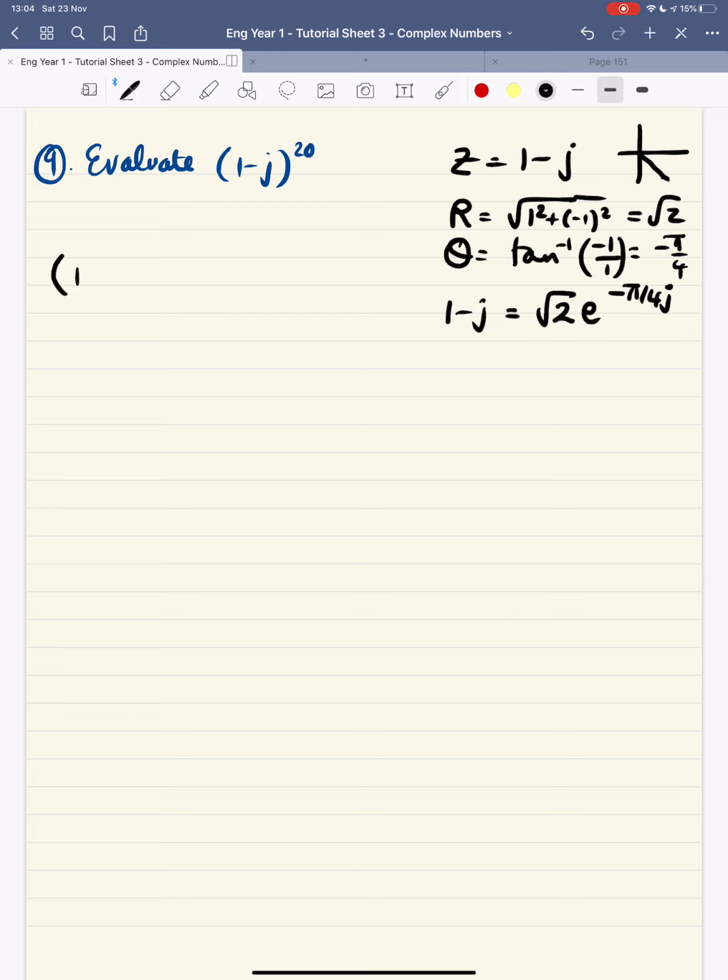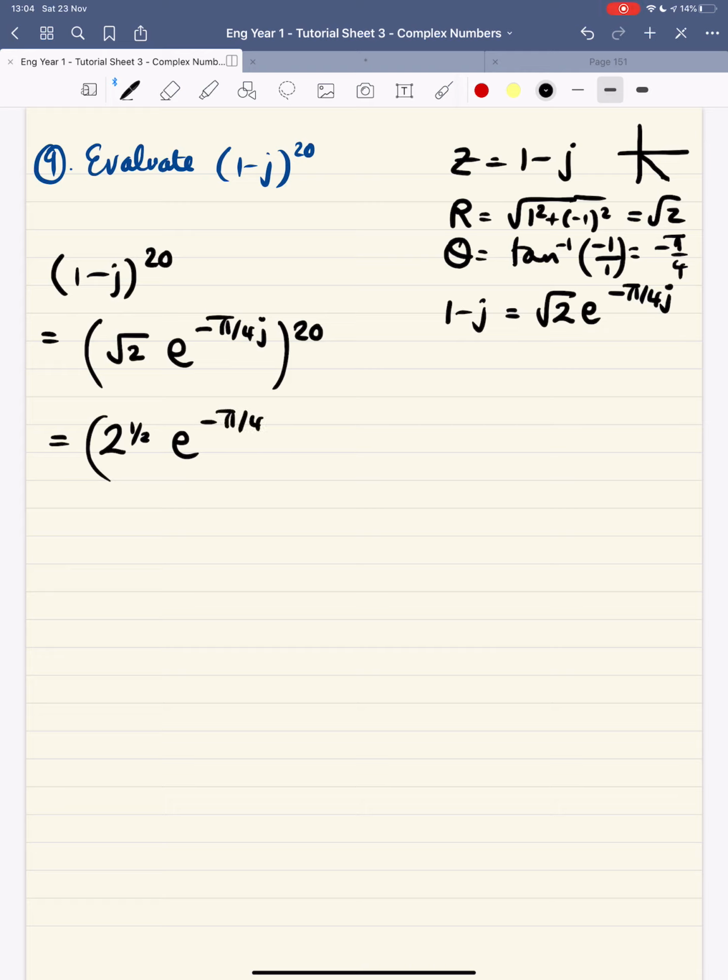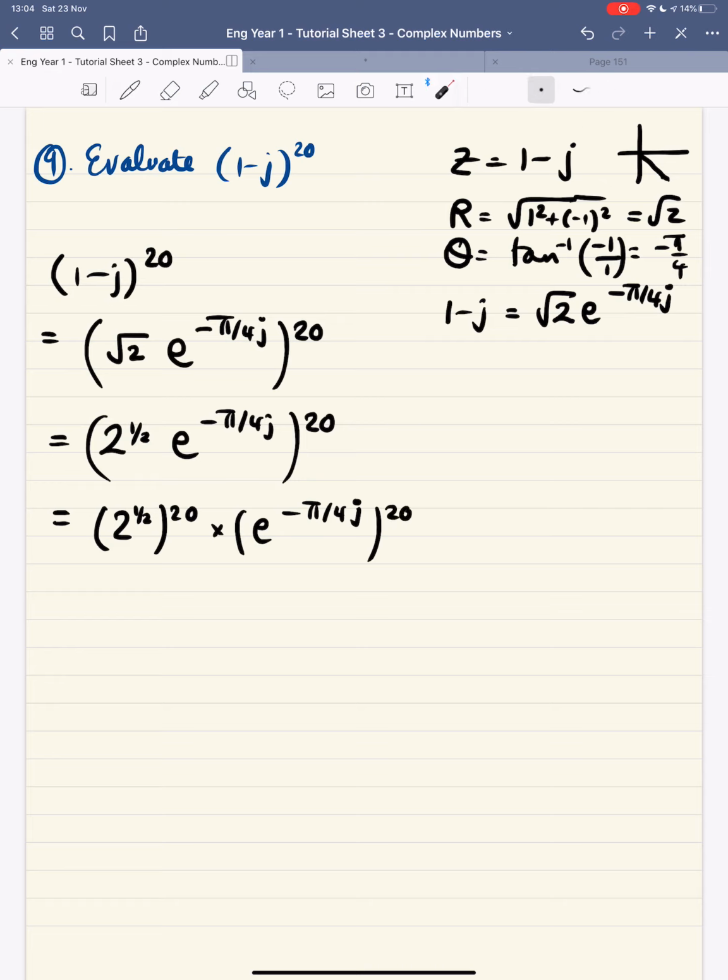So (1 minus j) to the power 20 is the same as (root 2 e to the minus pi by 4j) to the power 20. So this is (2 to the half e to the minus pi by 4j) to the power 20. This is (2 to the half) to the power 20 times (e to the minus pi by 4j) to the power 20. And when we've got these brackets with these powers, we multiply across the bracket like so.